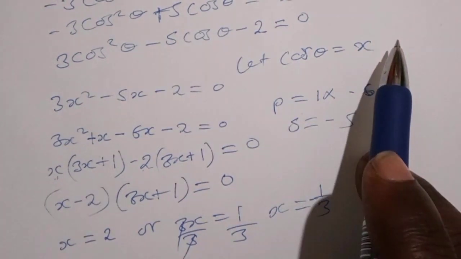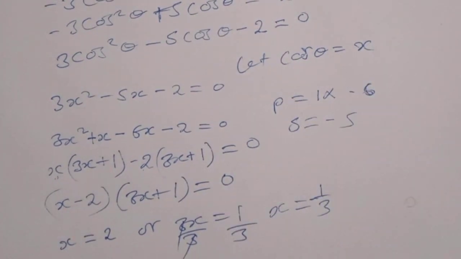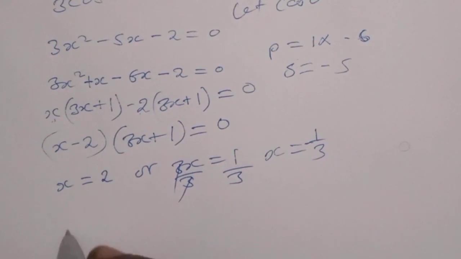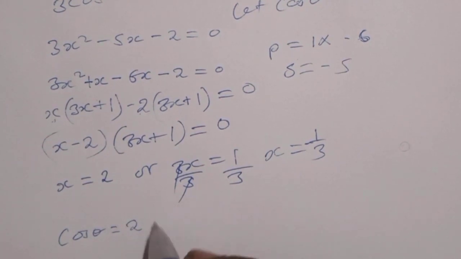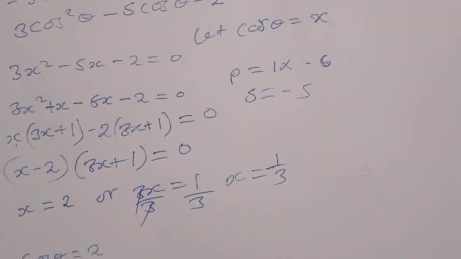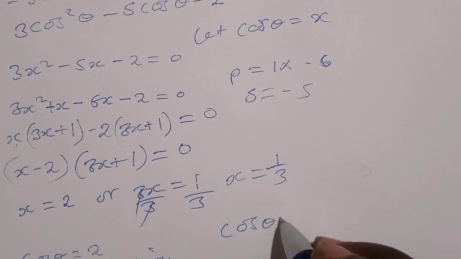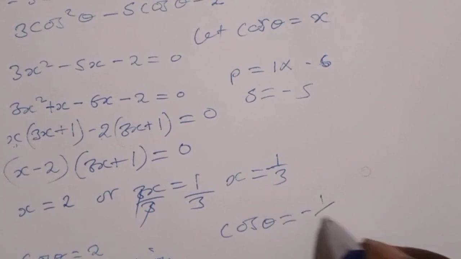So where there is x it will be cos theta, which is equal to 2, and this value has no solution. So here there is no solution for 2. For this one, we have cos theta equals minus 1 over 3.